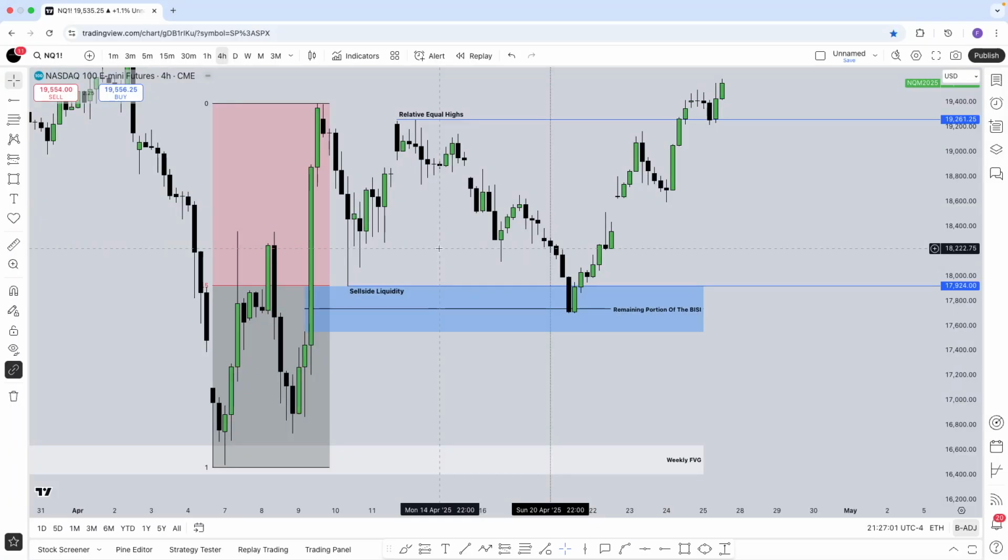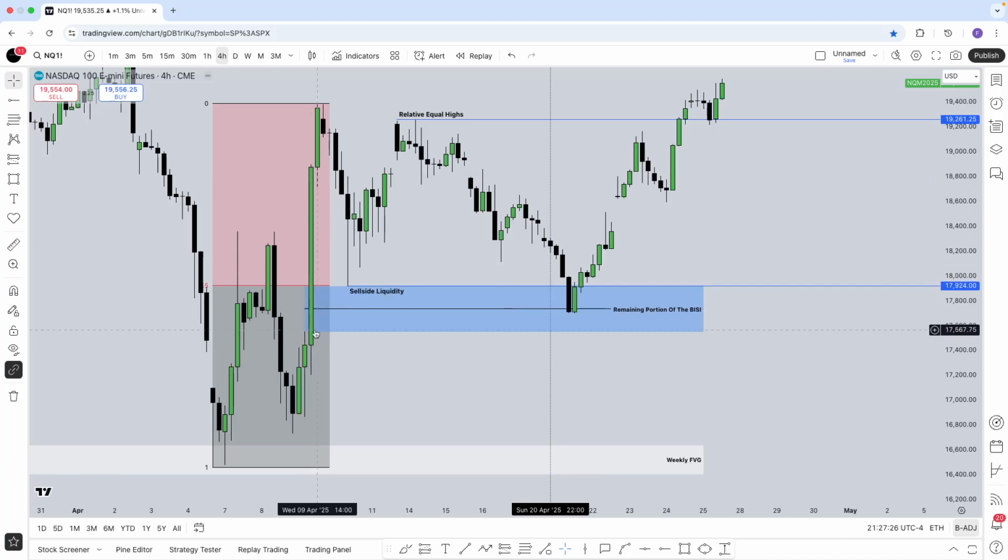Okay, now continuing to the 4-hour chart, what we have here, we saw price trade lower, taking the sell side liquidity that I showed you in the daily chart and going into discount. What do we have in discount? We have this large candle here, and this candle is actually a BC.